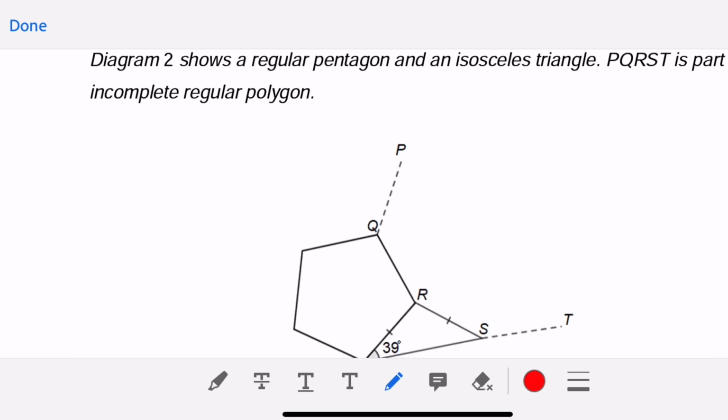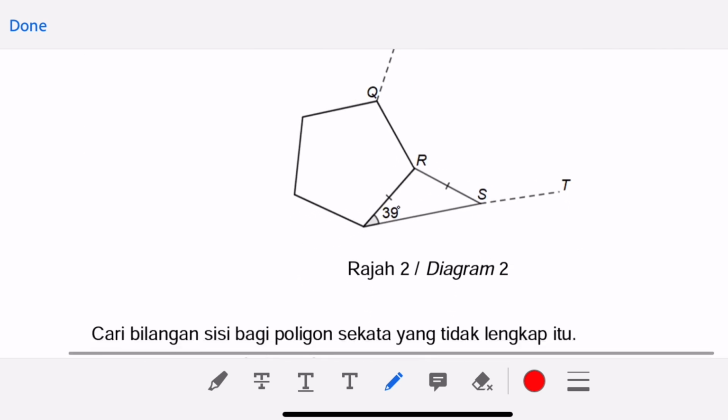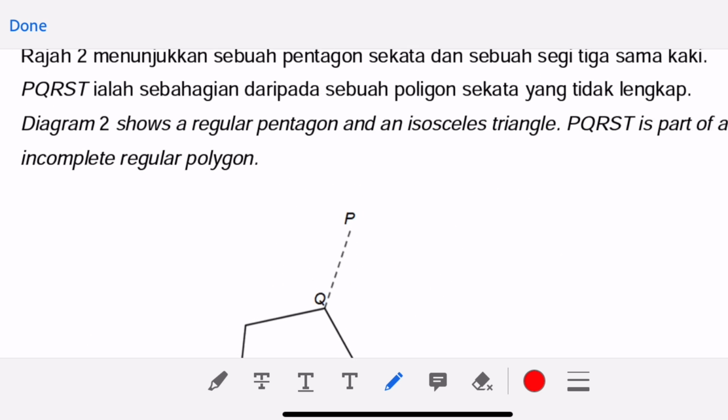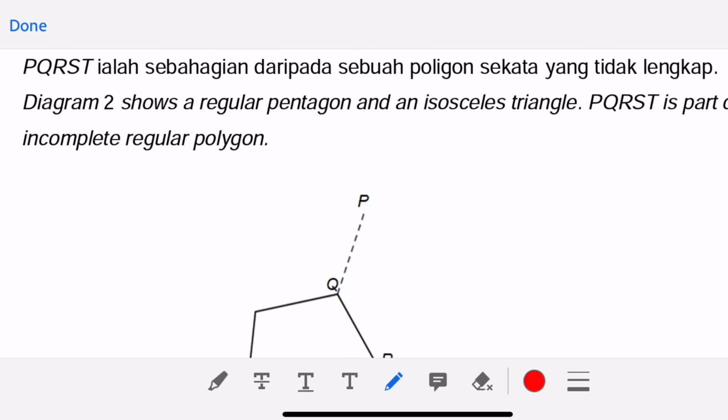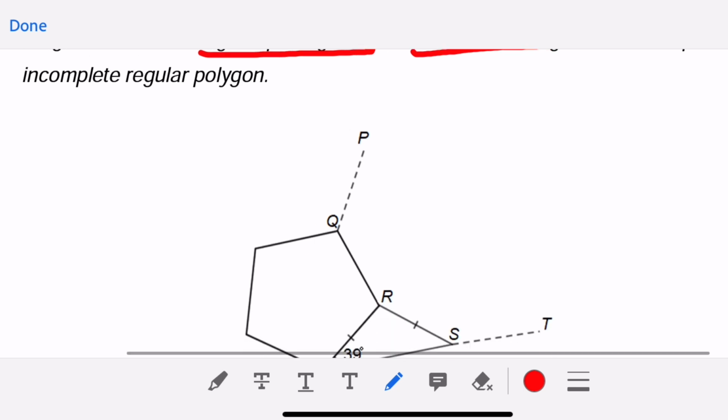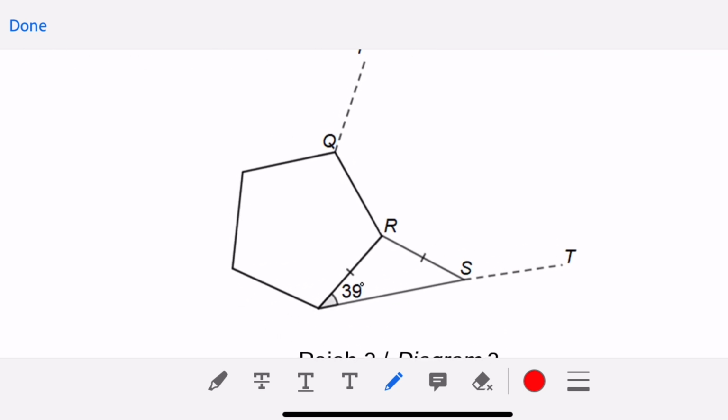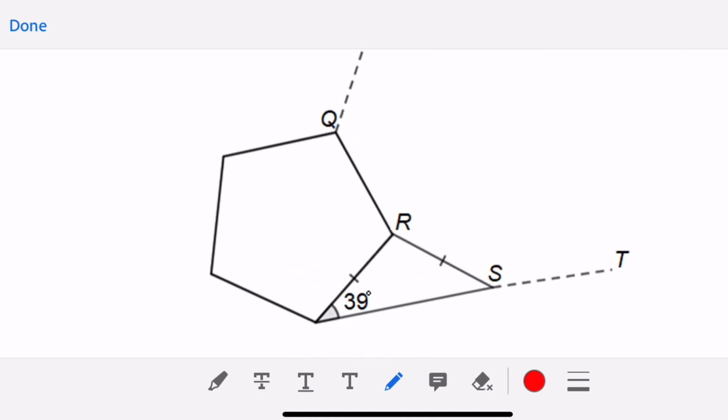Okay, for the next question, let's study this one. Diagram 2 shows a regular pentagon and an isosceles triangle. PQRST is part of an incomplete regular polygon. So this is 39.